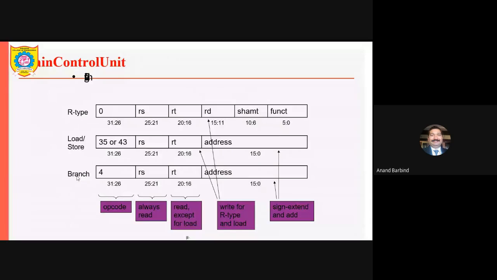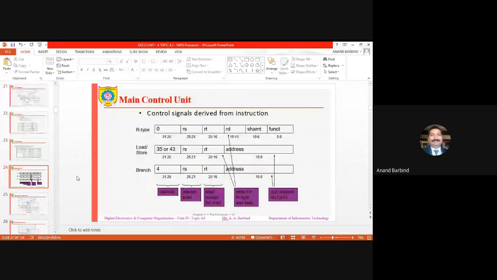Okay, so if you have any doubts so far on the instructions, we have seen the load, store, branch, and R type instructions. If you have any doubts on this, you can ask.